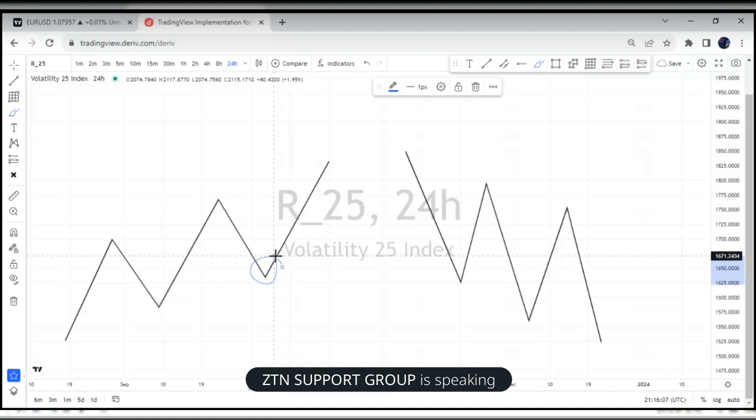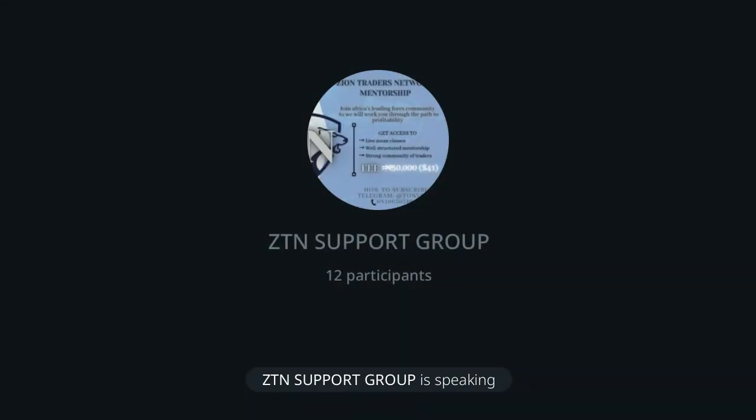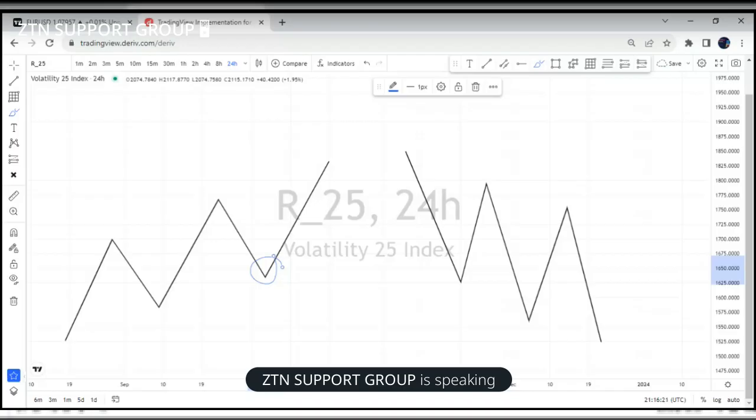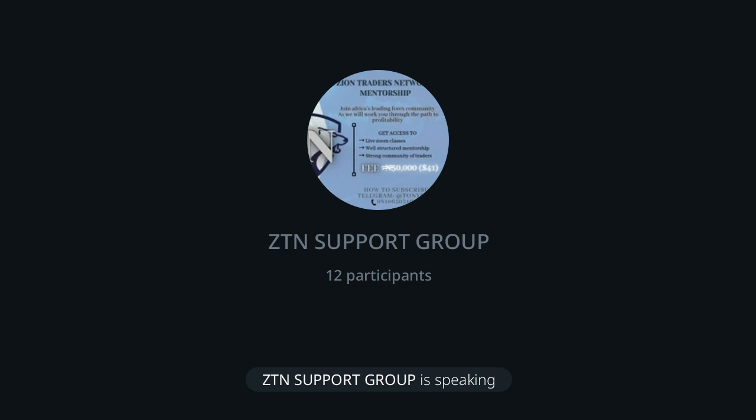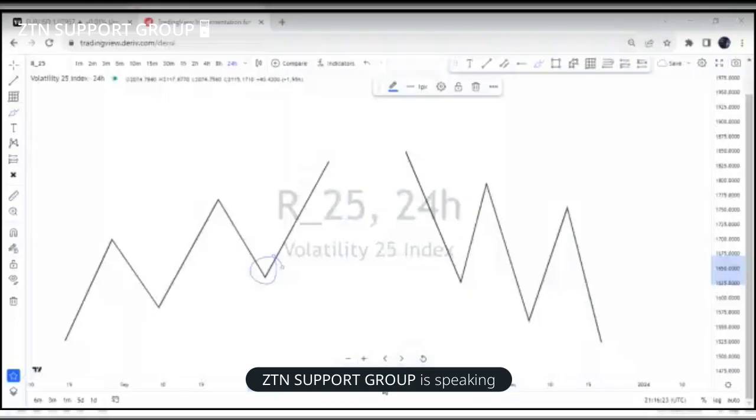Whether there is an IPA or a mitigation candle, whatever it is, the first thing I want to determine that helps me determine my zone is: is this place my higher low, if it's a bullish structure? If it's a bearish structure, is this zone my lower high?